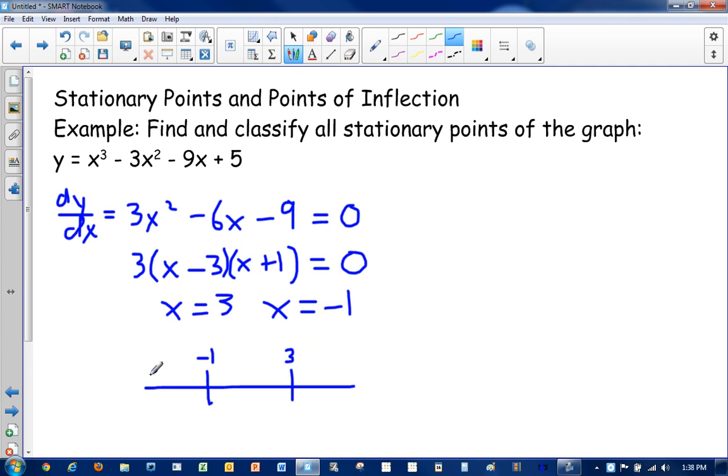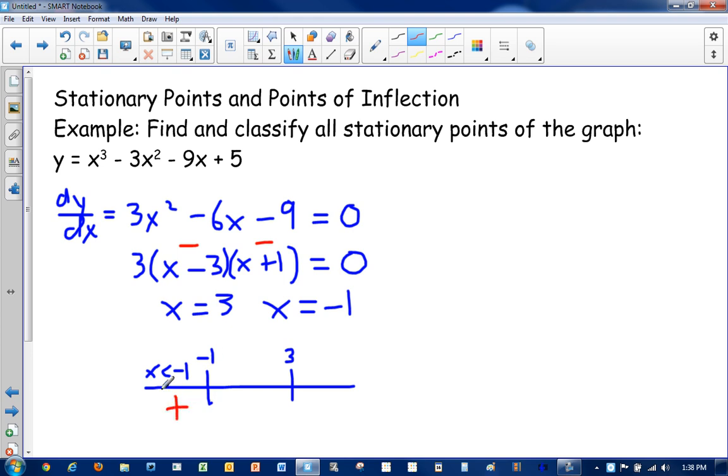So I'm going to try test values just to see what's going on outside of those 2 points and between those 2 points. Picking a number that is less than negative 1, let's pick negative 5. Negative 5 minus 3 is negative. Negative 5 plus 1 is negative. So I've got 3 times a negative times a negative, and that is going to be positive.